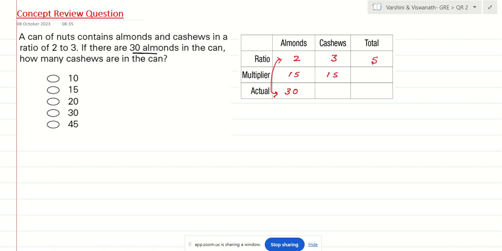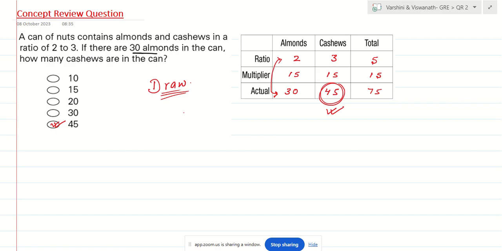That should be the common multiplier everywhere. So how much will we get here? 45 here, 75 here. The question is, how many cashews are in the can? So 45. The answer is 45. Makes sense? So drawing a ratio box is very, very important to make it simpler.